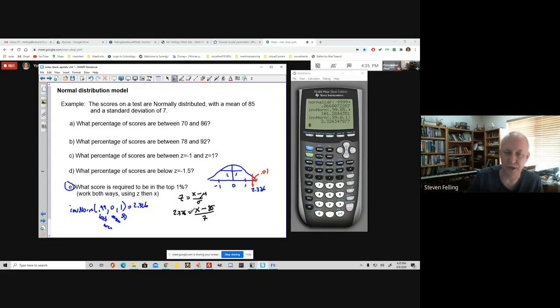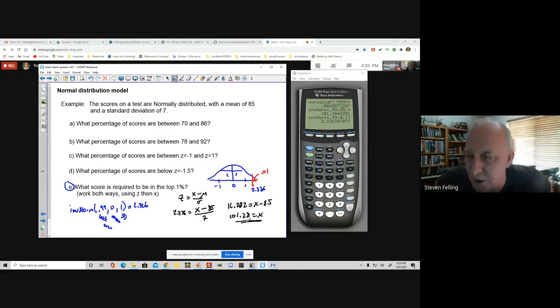Like I could multiply both sides by 7, and then I would have 2.326 times 7, so I would have 16.282 equals x minus 85. And then if I added 85 to both sides, I would get that the data value for the test is 101.28. Right? So you can use these inverse norm and normal CDF functions quite flexibly. All right.